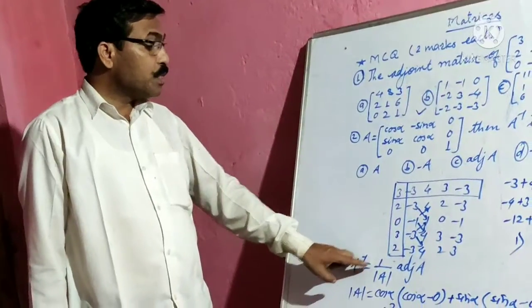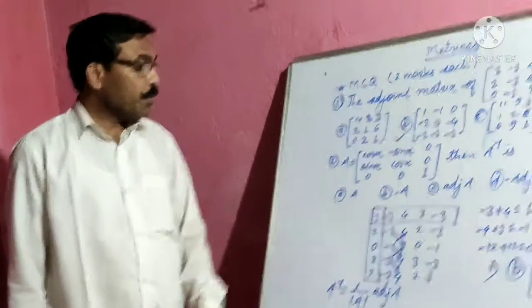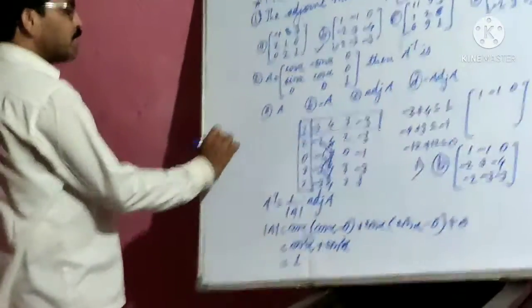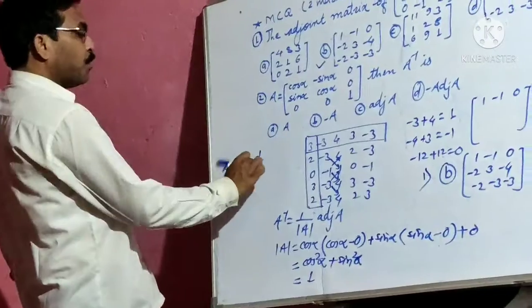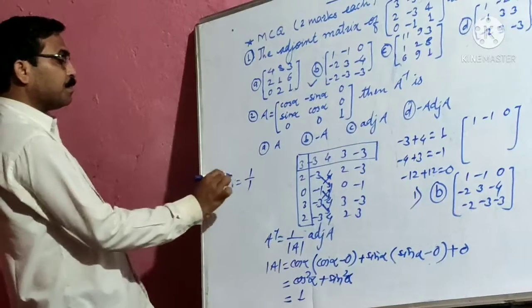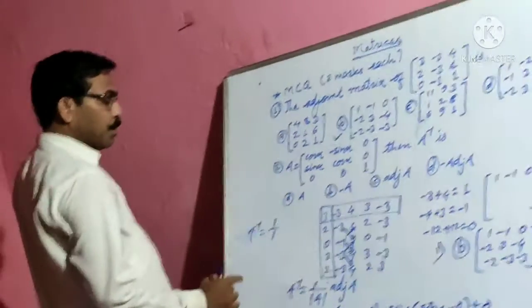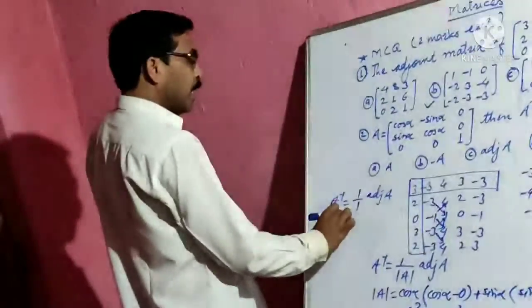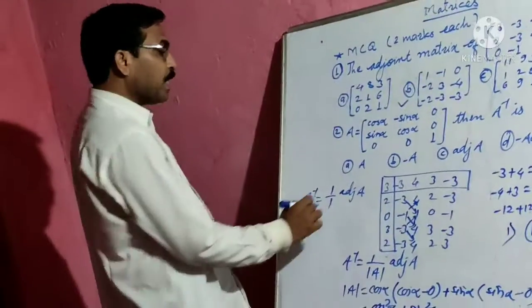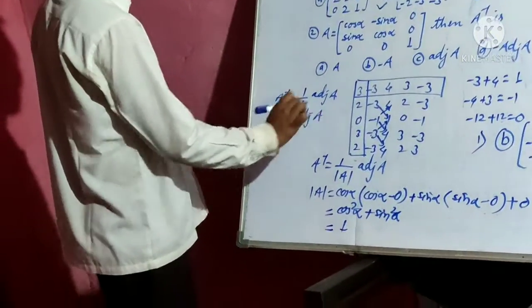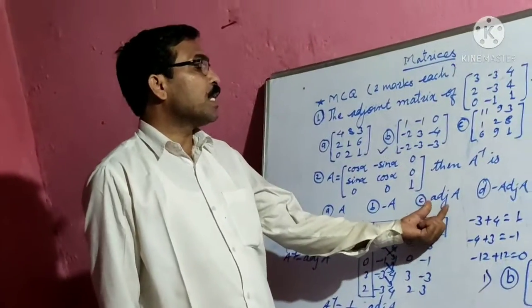Now we are getting determinant of A is equal to 1. We have A inverse is equal to 1 upon determinant of A into adjoint of A. So if we put determinant of A equal to 1, we get A inverse is equal to 1 upon 1 into adjoint of A, that is, A inverse is equal to adjoint of A. So this alternative is correct.